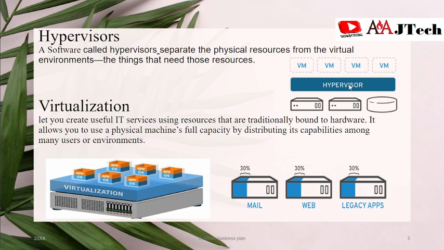If the hypervisor is not here, it's impossible to create all these types of virtual machines over this hardware. Whatever the hypervisor does, it interacts with your hardware, and it gives you the facility to create different types of virtual machines.